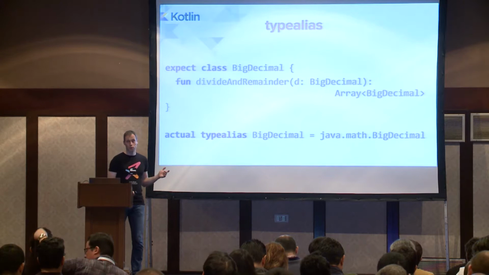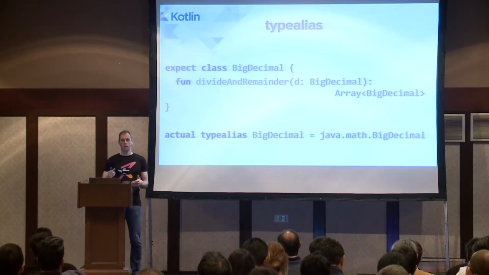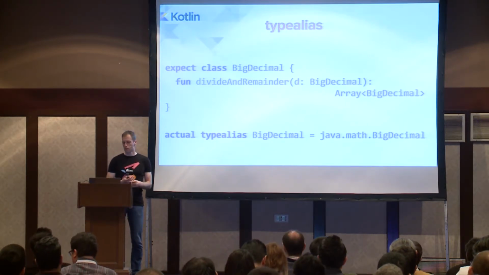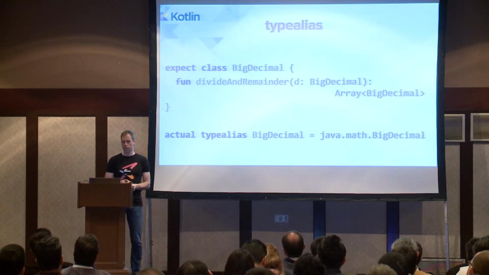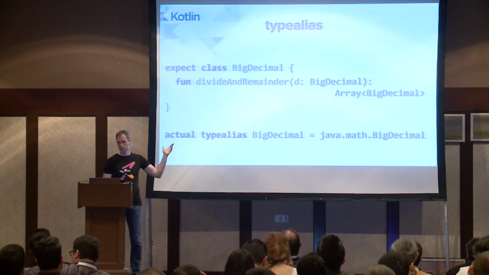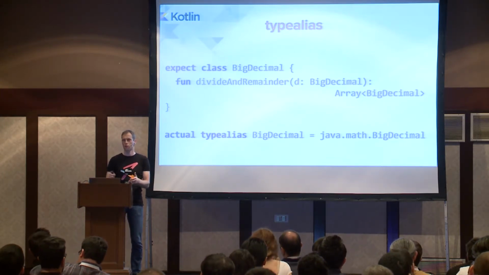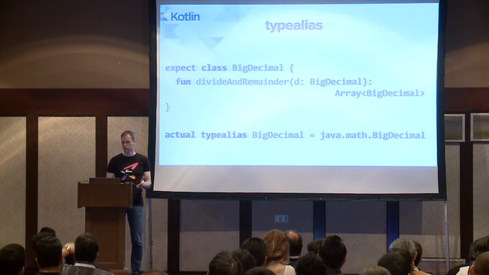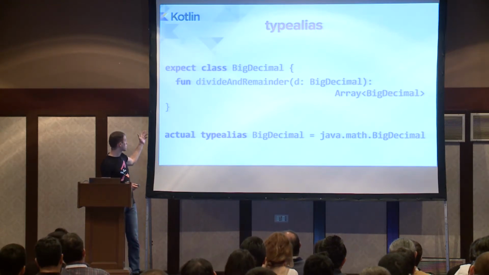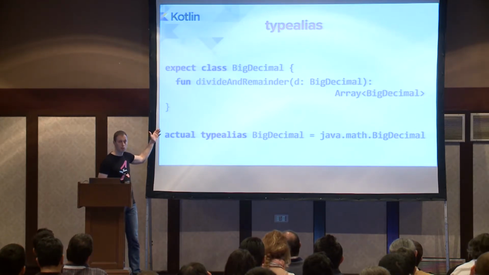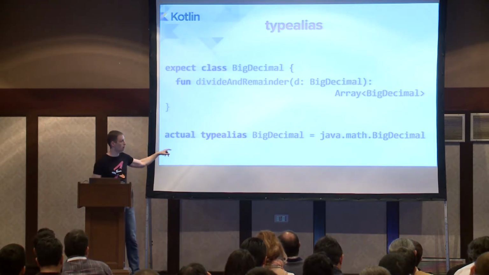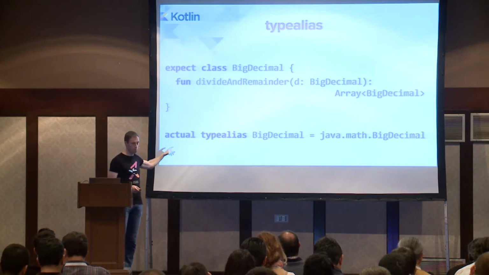And also this is useful if you like some existing class present, for example, in JVM we have BigDecimal, and there is no such thing by default in JavaScript. So you declare an expected class with all the methods you need. You don't need to repeat all of them. So this will compile.